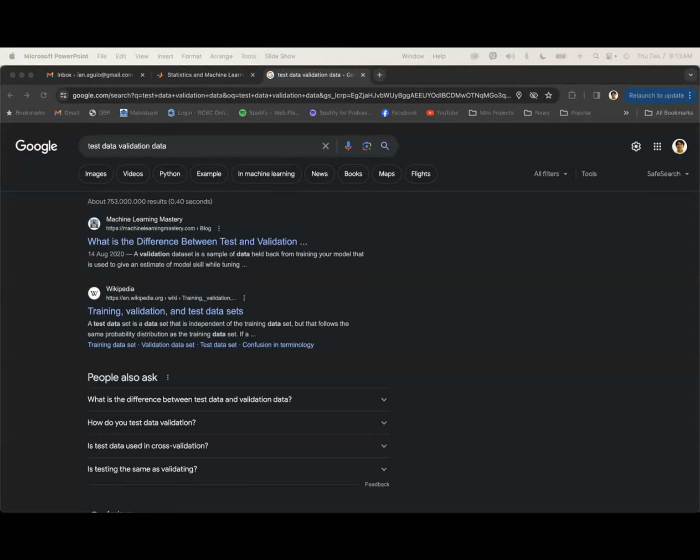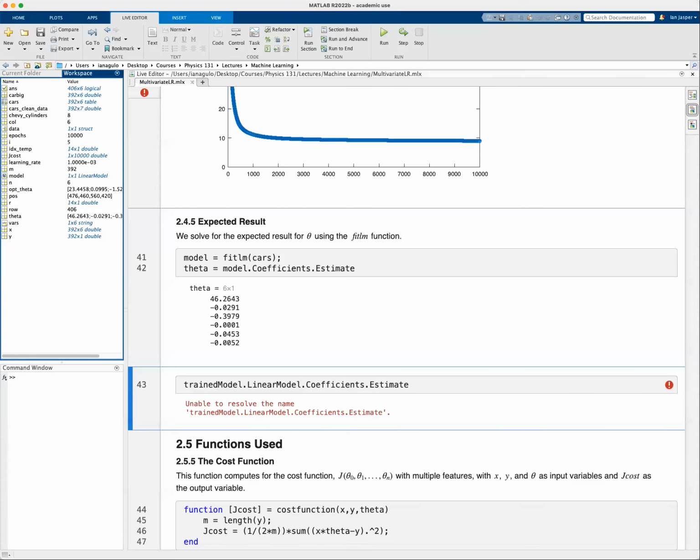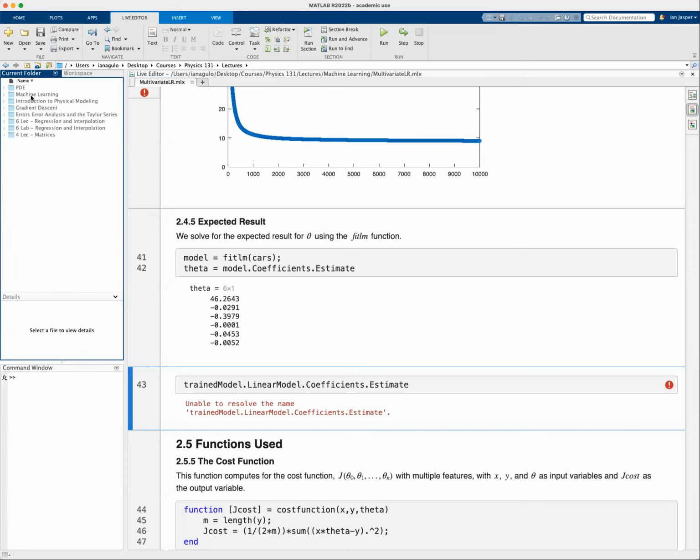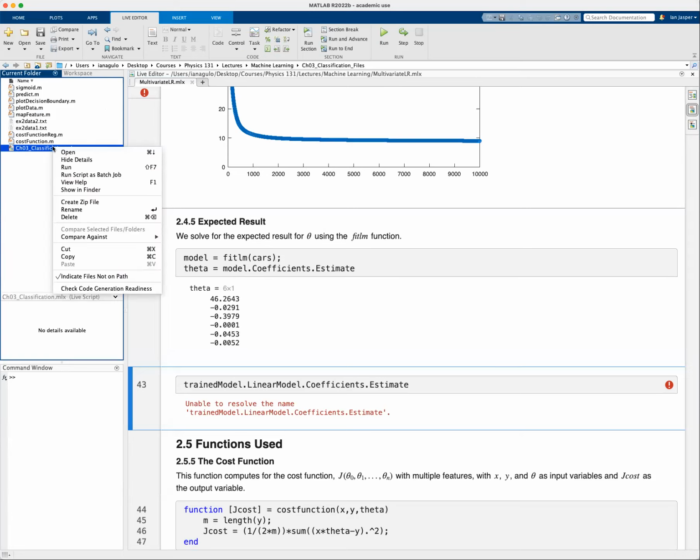Okay, so now let's go to MATLAB. Classification.